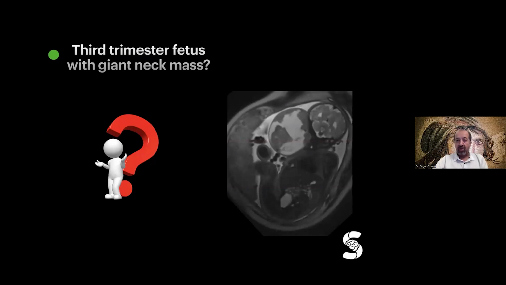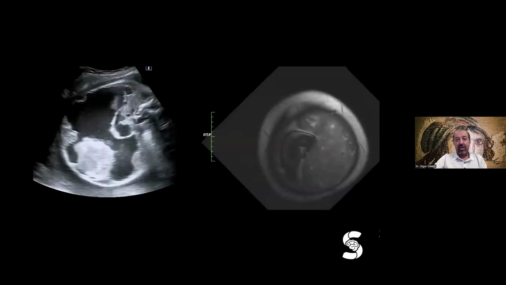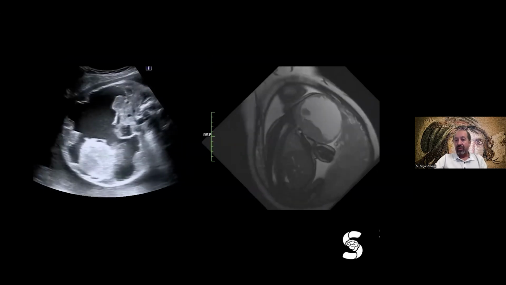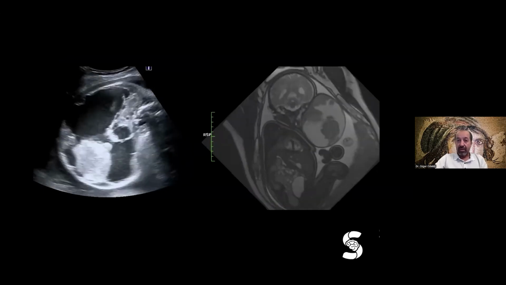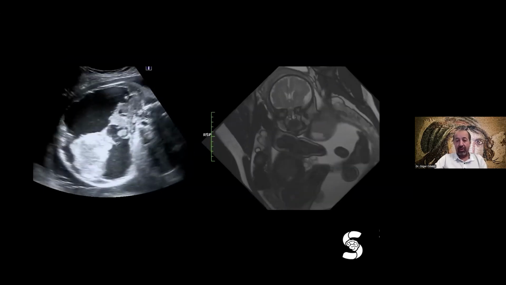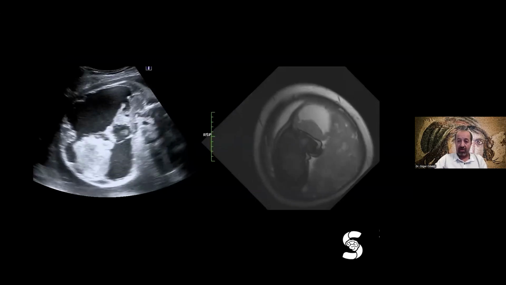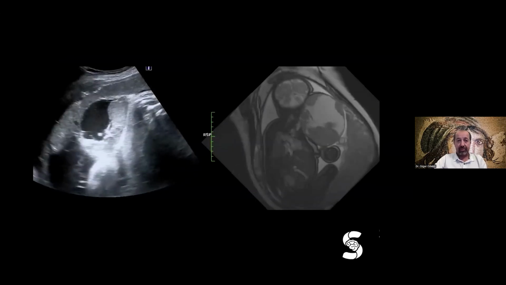However, due to its considerable size, it's challenging to precisely determine whether it is situated anteriorly, laterally or posterolaterally. This was a particularly difficult case, not only for the radiologist but also for the pathologist.